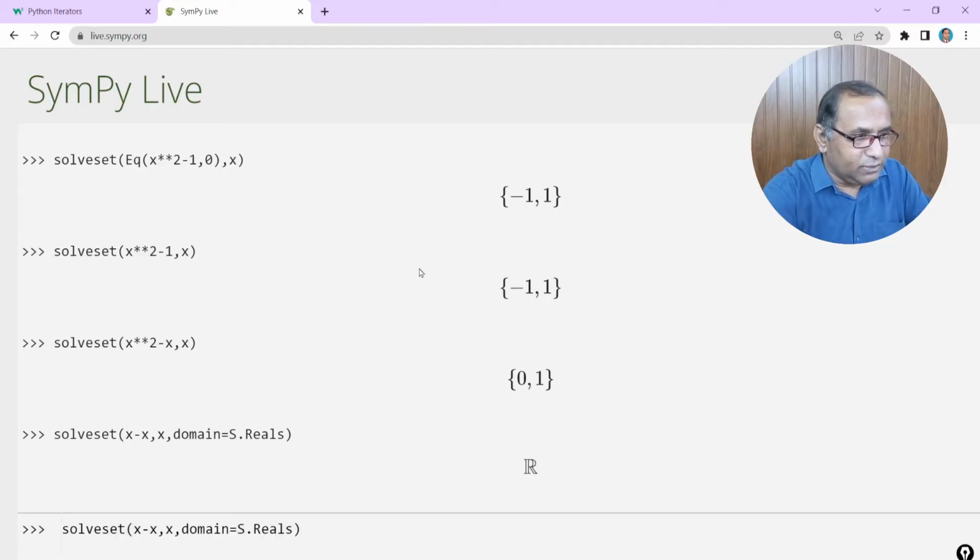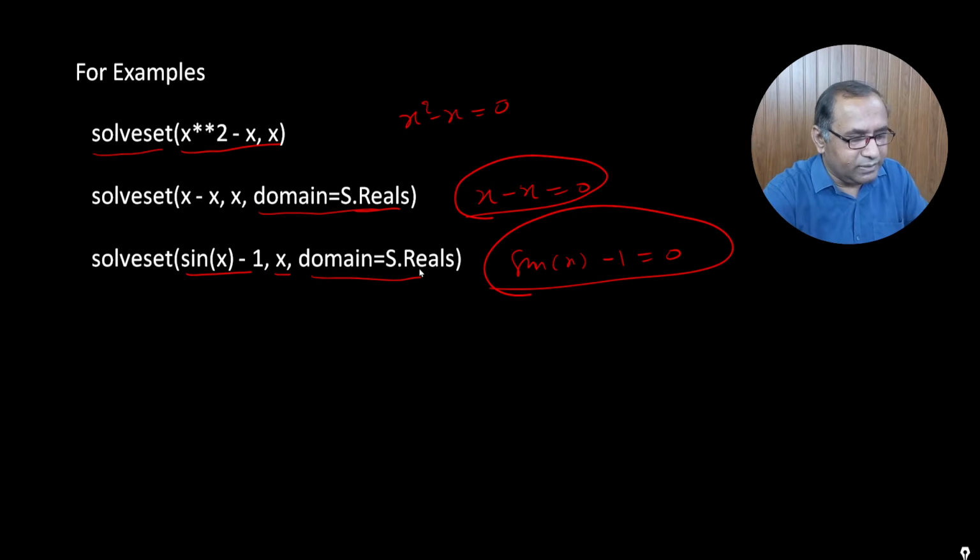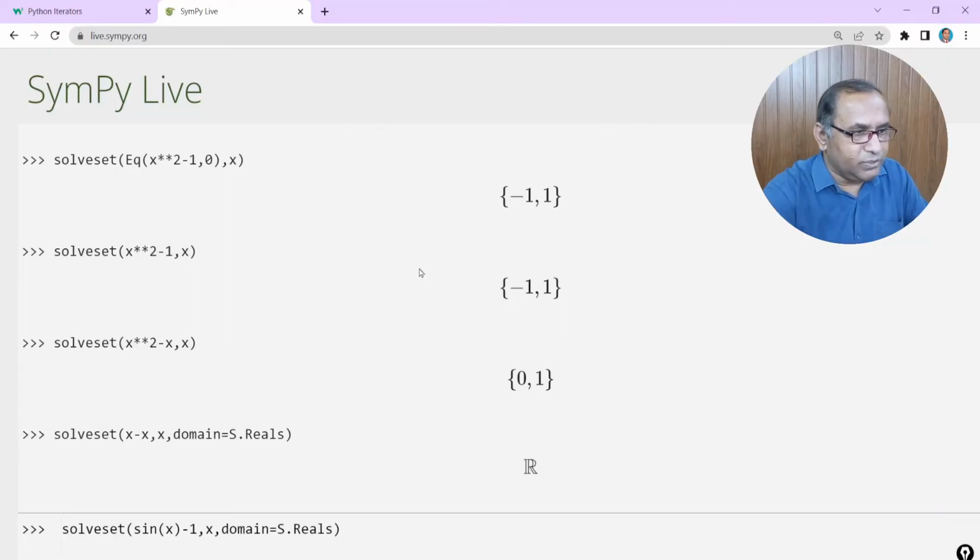We are using solveset, and we want to solve sin x minus 1 is equal to 0, and the domain is reals, then enter.